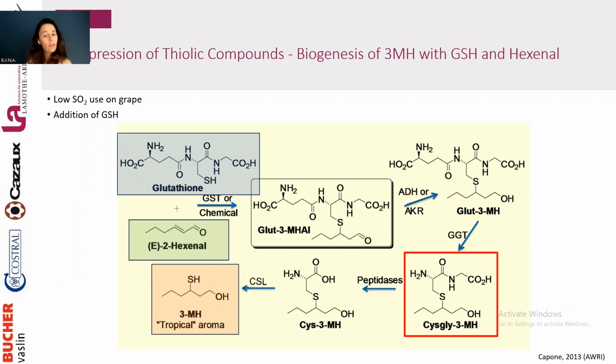It is interesting to think about it when we are in a green character moment, when there is natural hexenal present in the skin of the berries. In this case, we can transform a green character into tropical aromas, and it becomes very interesting. Okay, so keep in mind that this process exists too, but really the main one to have thiolic compounds expressed is via enzymatic activity.